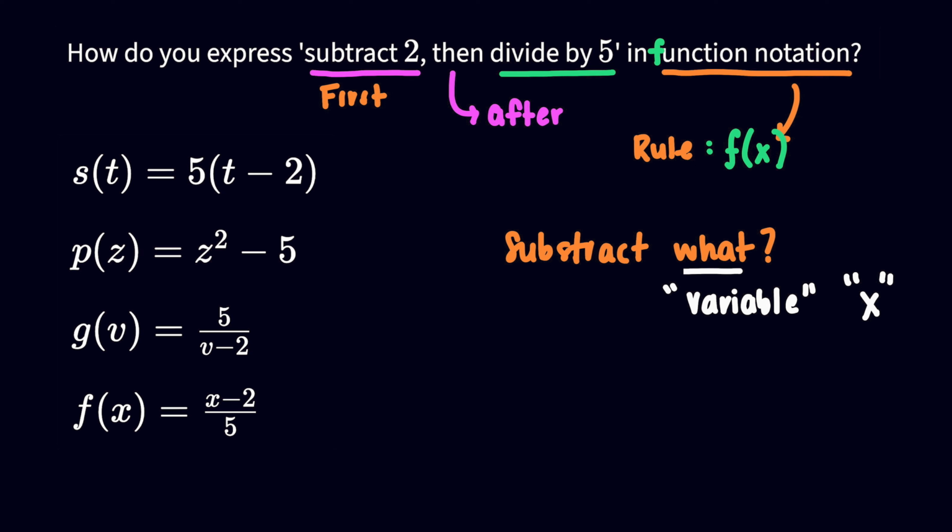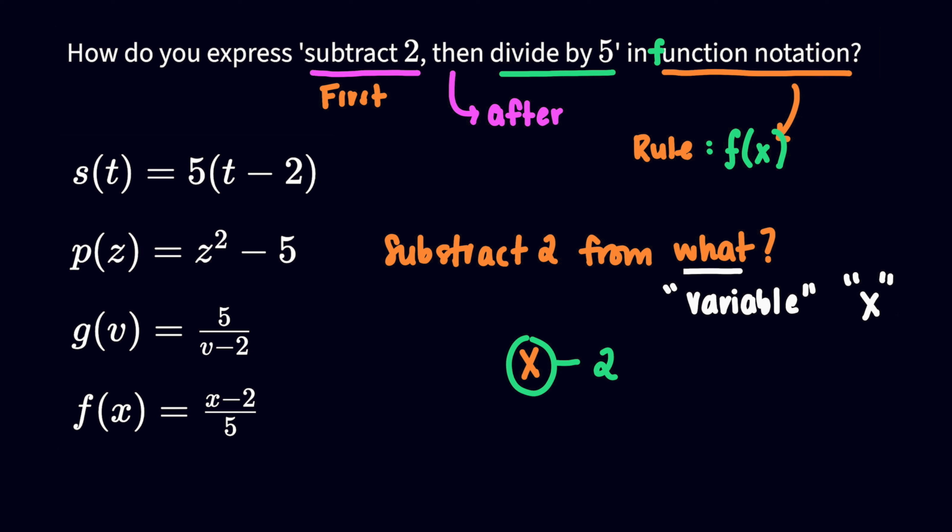Now, we want to subtract 2 from the number, or from the variable. So subtract 2 from what? The variable. So I have my variable, and then I will be subtracting 2, minus 2.